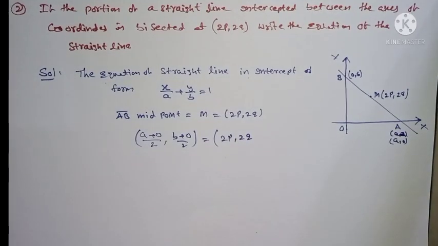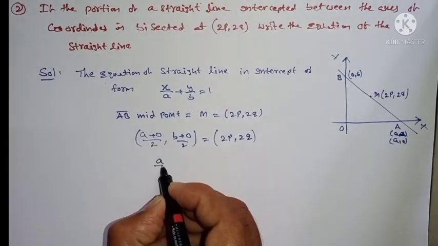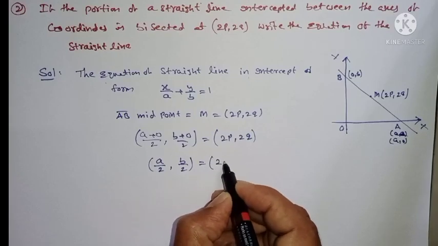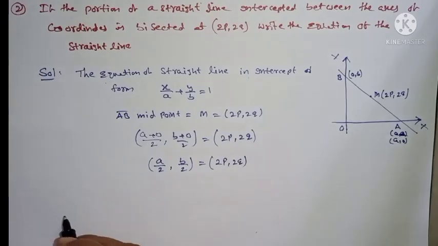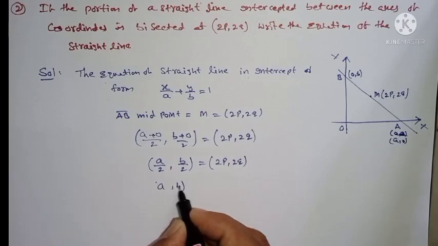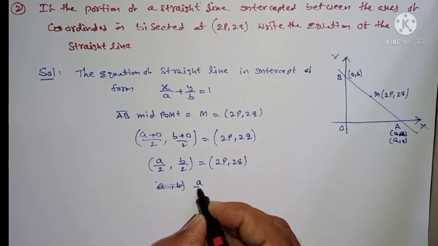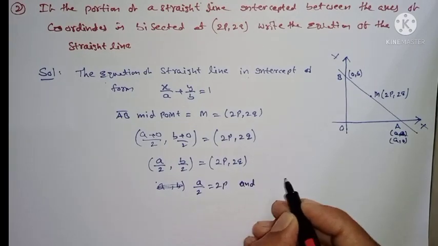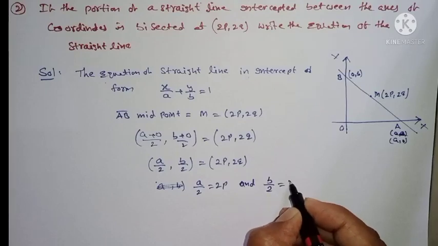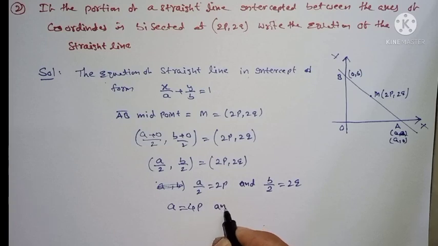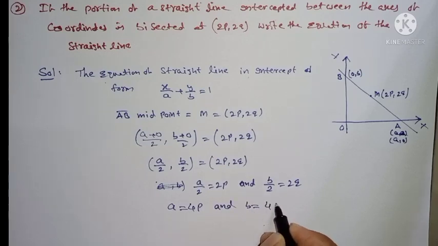This is nothing but a by 2 comma b by 2 is equal to 2p comma 2q. Or you can write a by 2 is equal to 2p and b by 2 is equal to 2q. Therefore a is equal to 4p, b is equal to 4q.